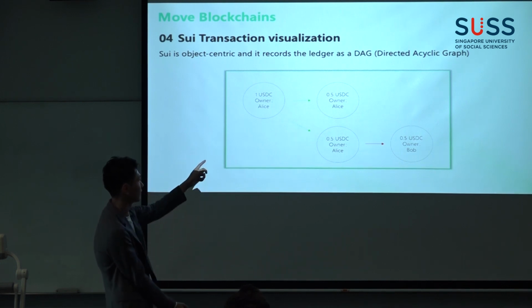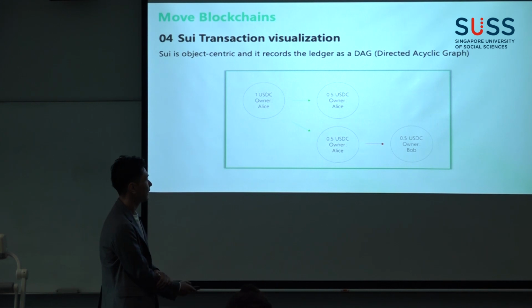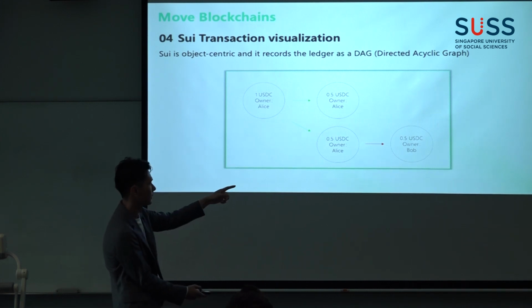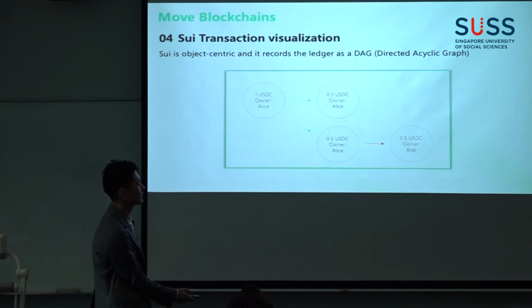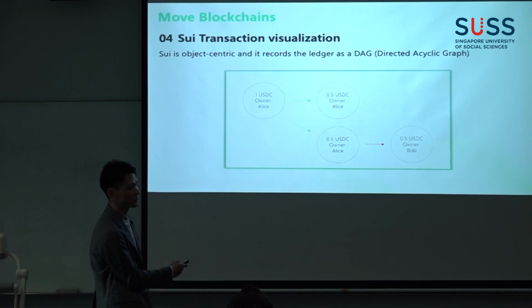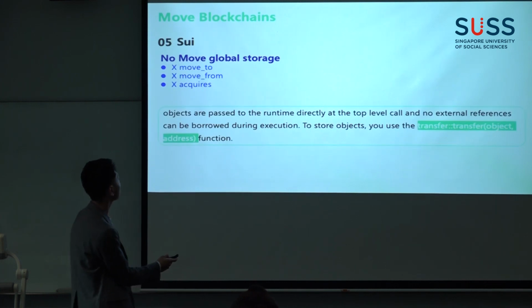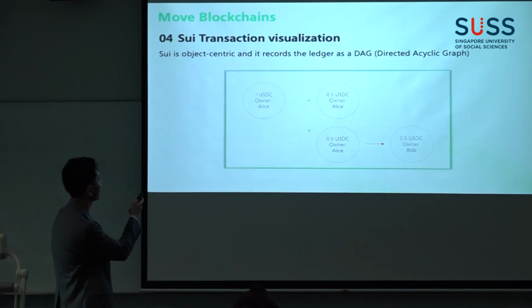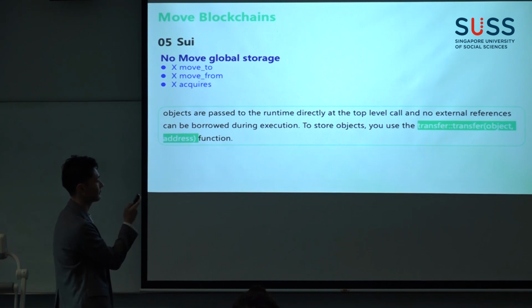And after the transaction, 0.5 USDC will be transferred to Bob. To put it simply, the 0.5 USDC changes its owner from Alice to Bob, and we are focusing on the USDC. Therefore, Sui has fewer operators than Aptos.